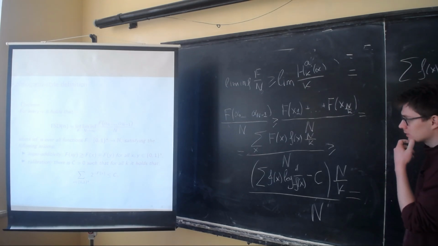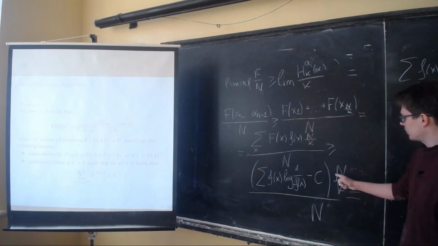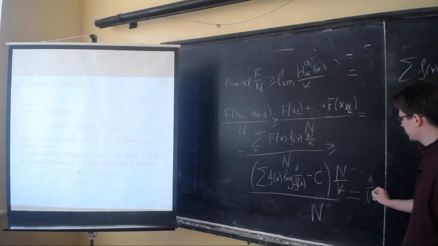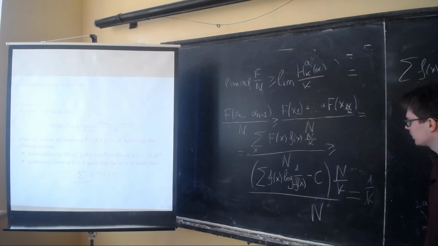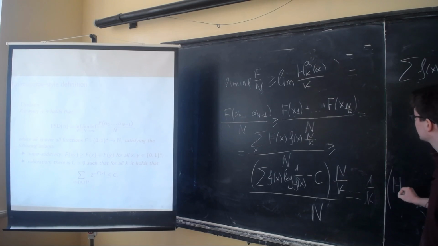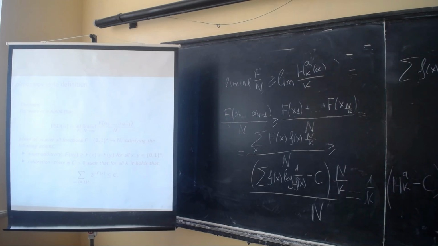So if you take the lim of this, we will have 1 over k because capital N cancels out, and then we will have the block entropy rate minus c. Actually, instead of c, we should write log c.